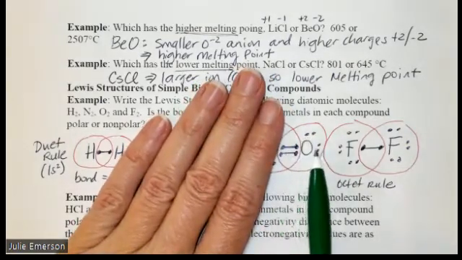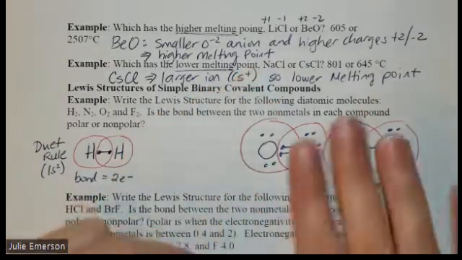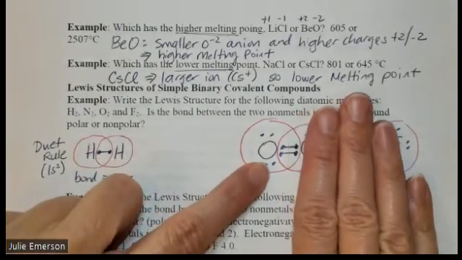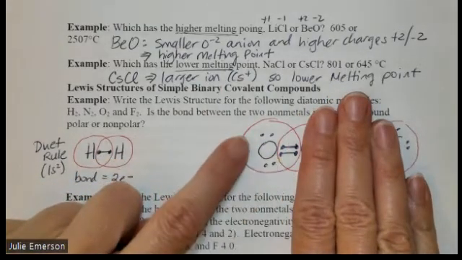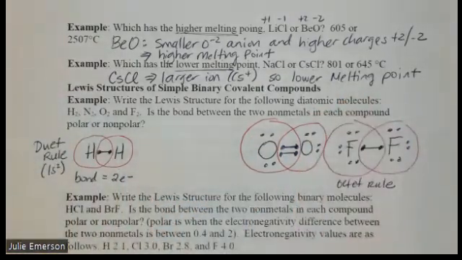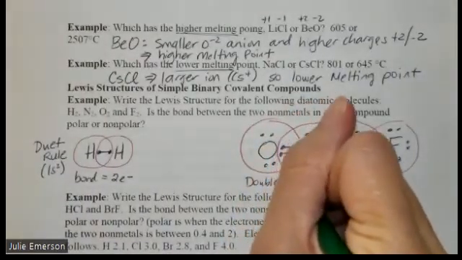So now it has 2, 4, 6, 8. The oxygen on the right, same thing. It comes in with 6 electrons, right? 2, 4, and 6. And it shares 2 with another oxygen. So now it feels like it has 2, 4, 6, 8. So again, octet rule is satisfied. But what's different here is that this is going to be a double bond.